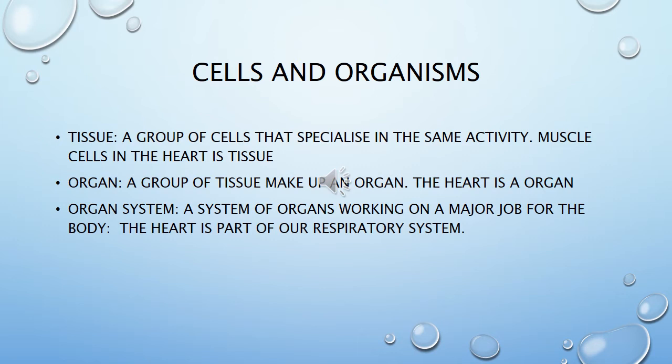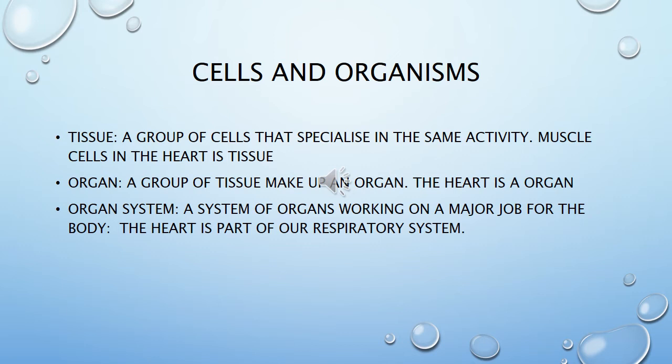For example, in the heart, that could be contractive muscle cells. They're doing the same thing. So they're tissue. Another example of tissue could be tissue in the stomach making acid, or it could be tissue in root hair cells that absorbs water.